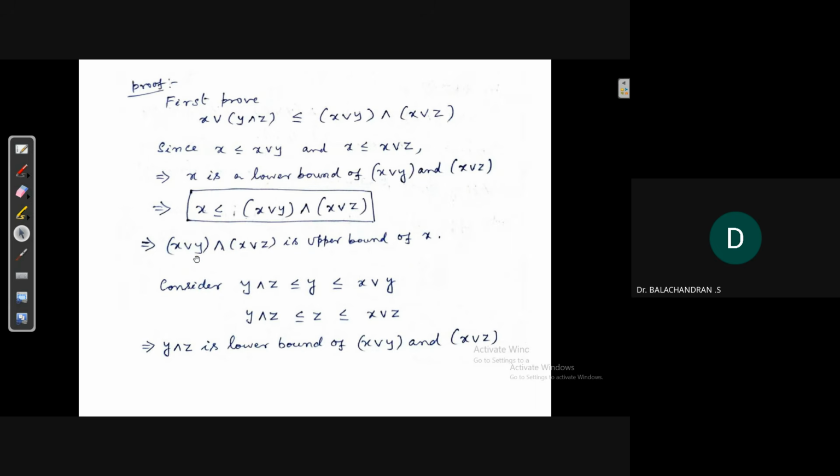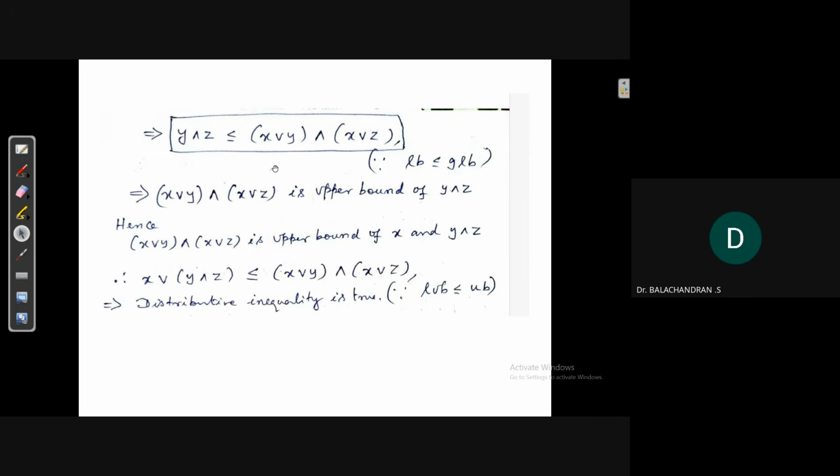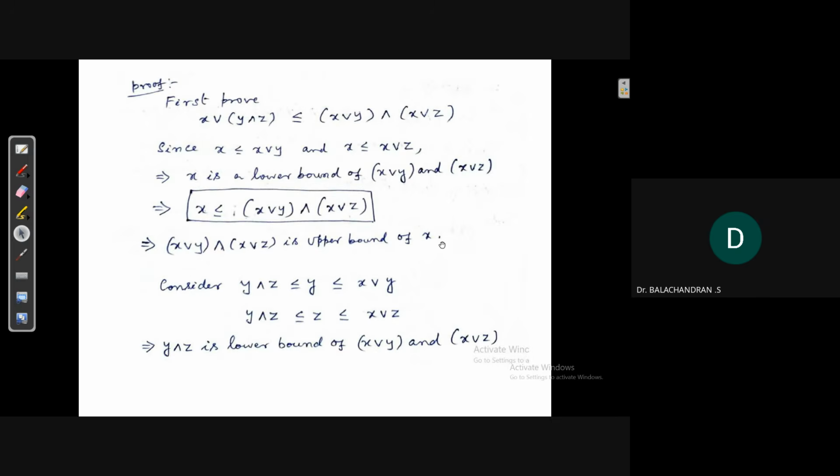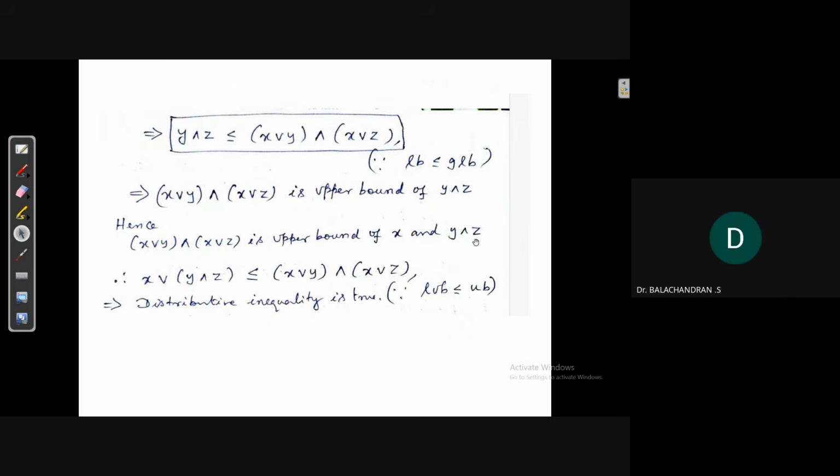Already we proved the right side quantity is an upper bound of x, and similarly of y ∧ z. So this implies (x ∨ y) ∧ (x ∨ z) is an upper bound of x, and also an upper bound of y ∧ z. Next, again we are dealing with the upper bound. So what do you need to write?